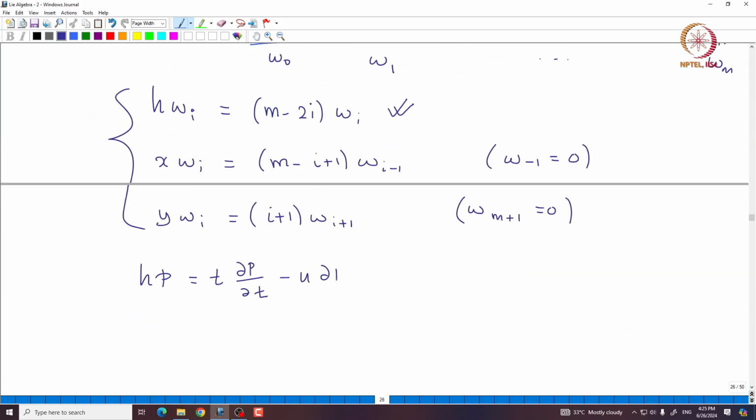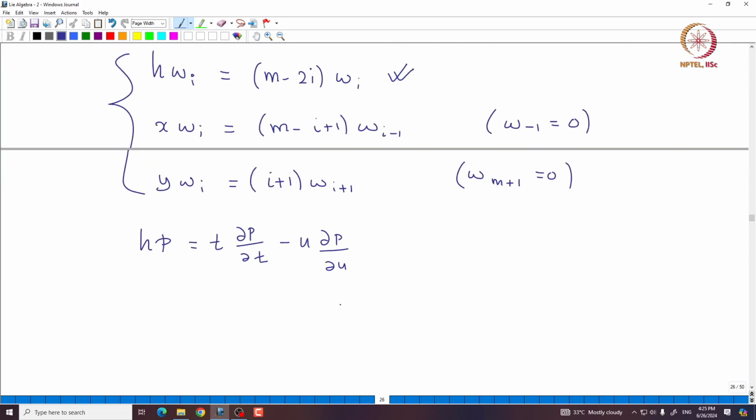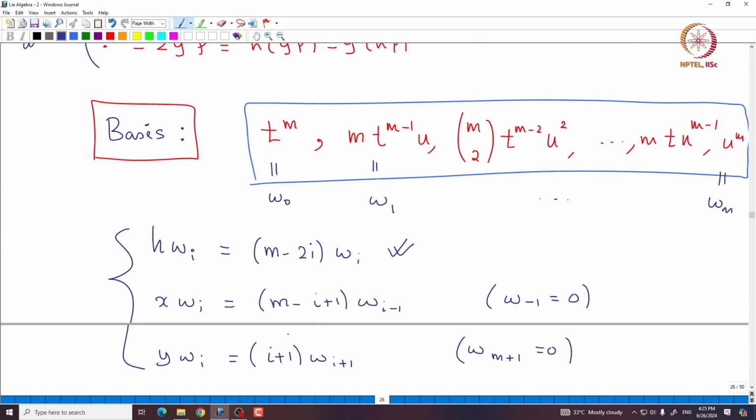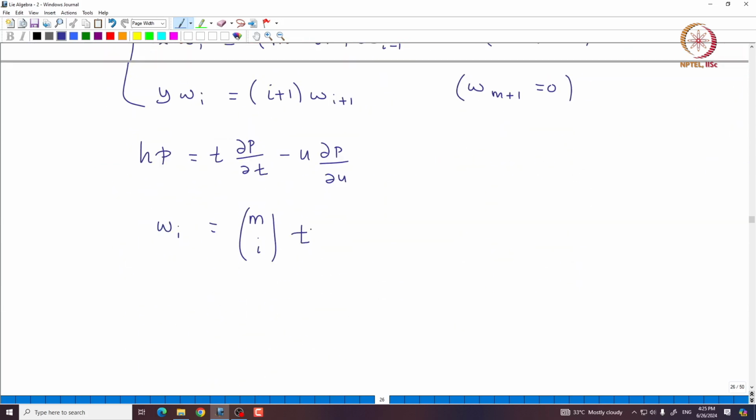Now, for example, if you take some typical ith term, how does w i look? w i looks like m choose i, okay, m choose 0 is 1 and m choose 1 is 1. The remaining things are m choose i and then t power m minus i, u power i. So, this is the typical term.